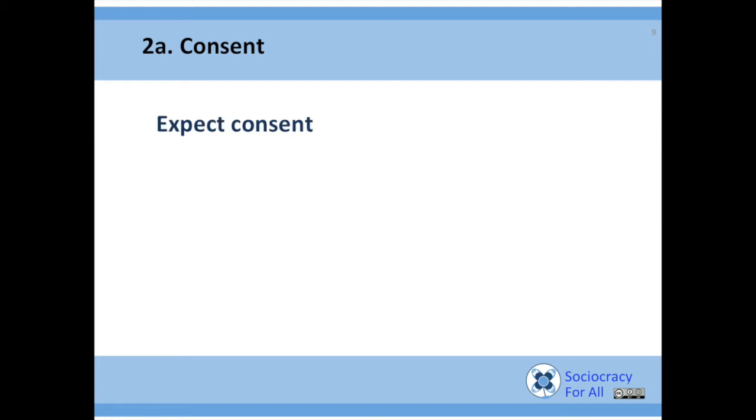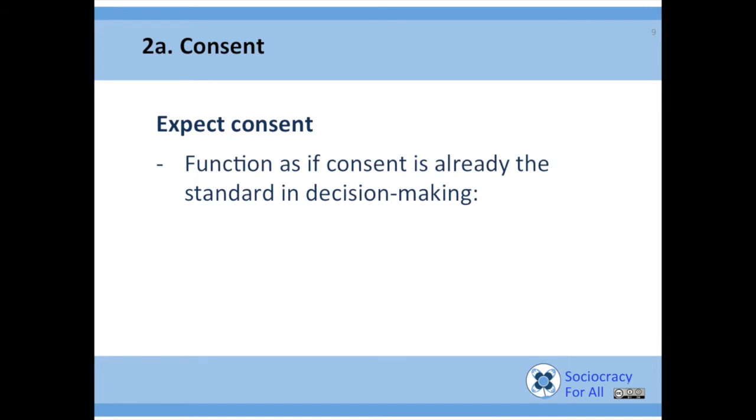So what you can do in any organization is just expect consent as the decision-making tool. Most organizations don't define how they make decisions anyway. You can just expect consent on your part. So you can say things like, are there any objections? No matter whether there's going to be a vote or anything, you can still say that, and you don't even have to be the facilitator to do that.